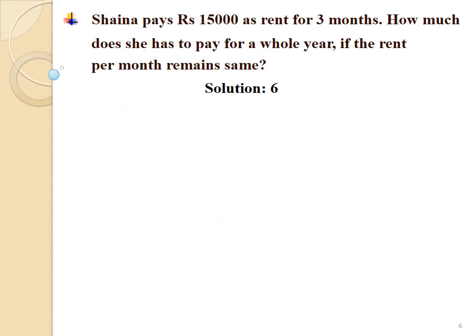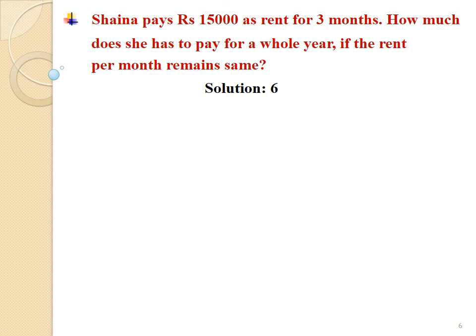Thus, 64.4 centimeters rained in 7 days. Now, sum number 6. Shaina pays rupees 15,000 as rent for 3 months. How much does she have to pay for a whole year, if the rent per month remains same?